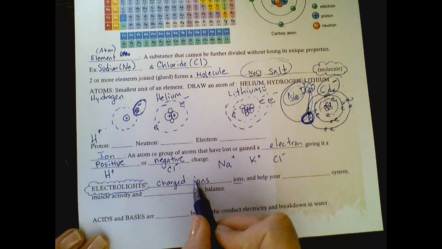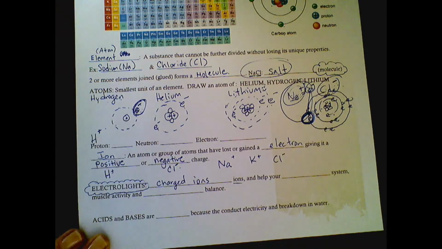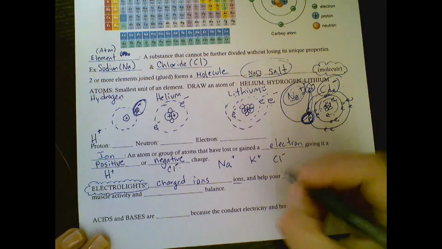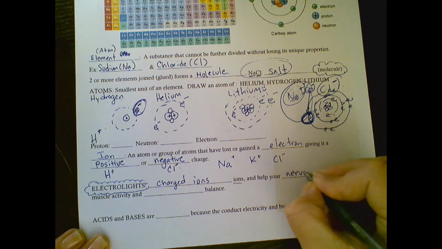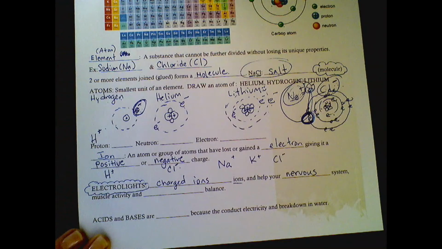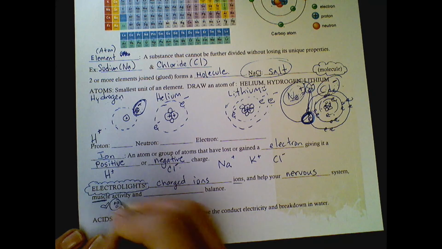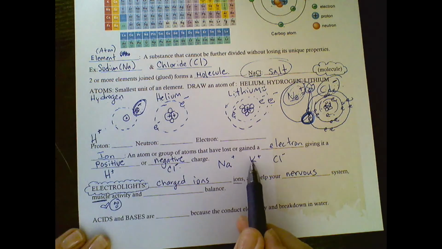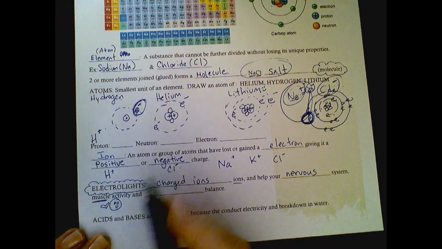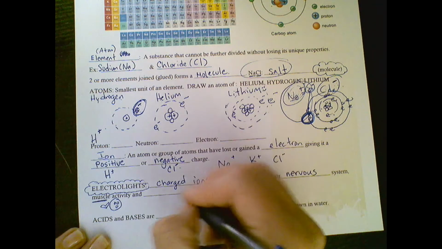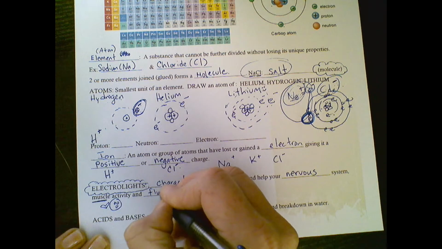All of these are electrolytes. They actually help your nervous system. Your muscles, including your heart. No potassium, your heart doesn't beat correctly. And all of the balance of your fluids.